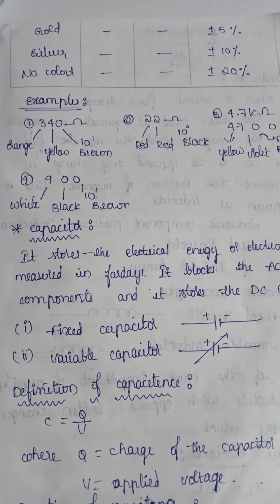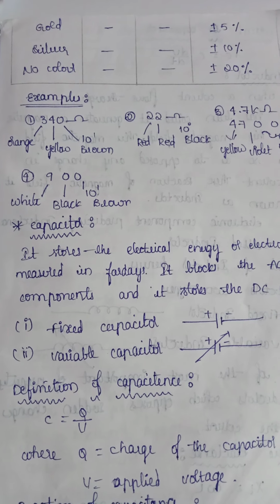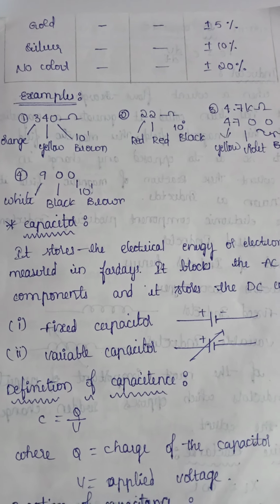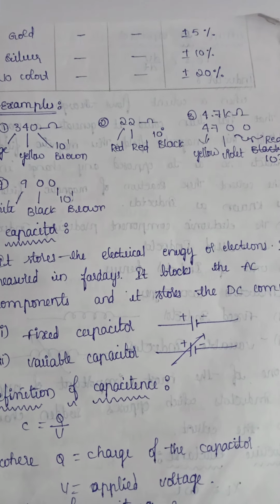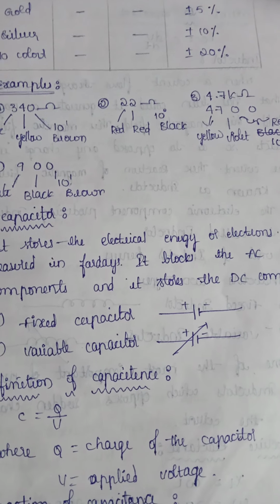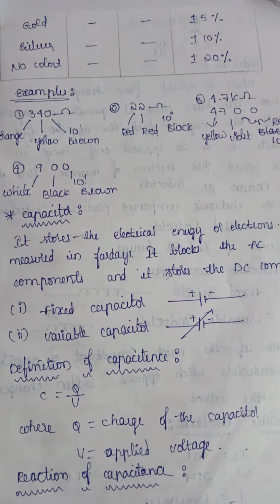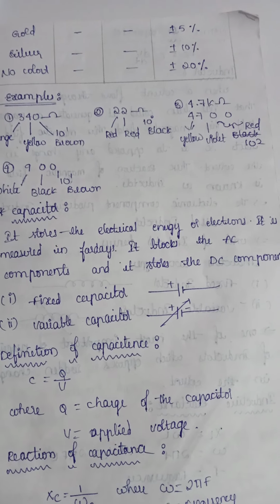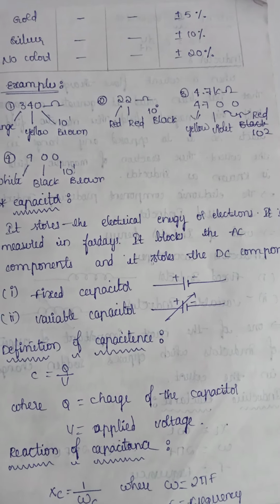Next, 22 ohms. 22 ohms means 2 is red, and 10 power 0 means black. 4.7 kilo ohms. 4 means yellow, 7 means violet, and 00 is 10 power 2. 10 power 2 is red.